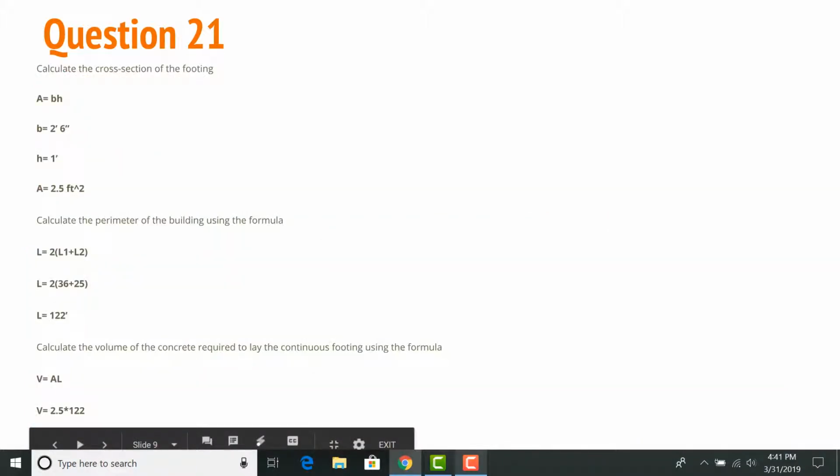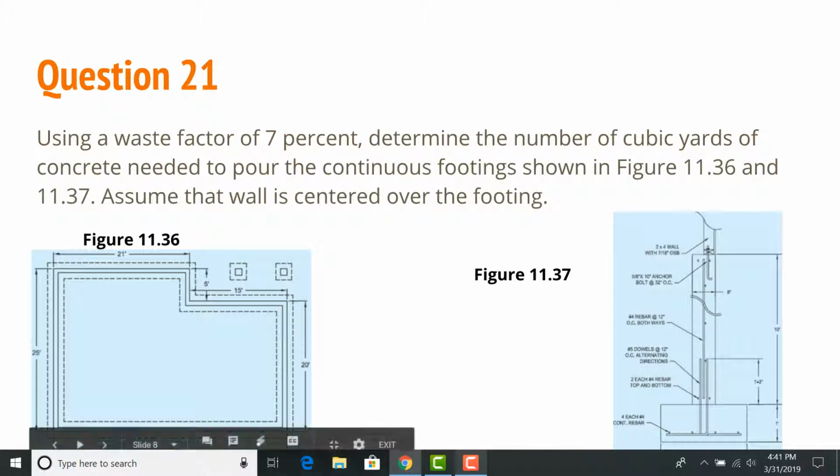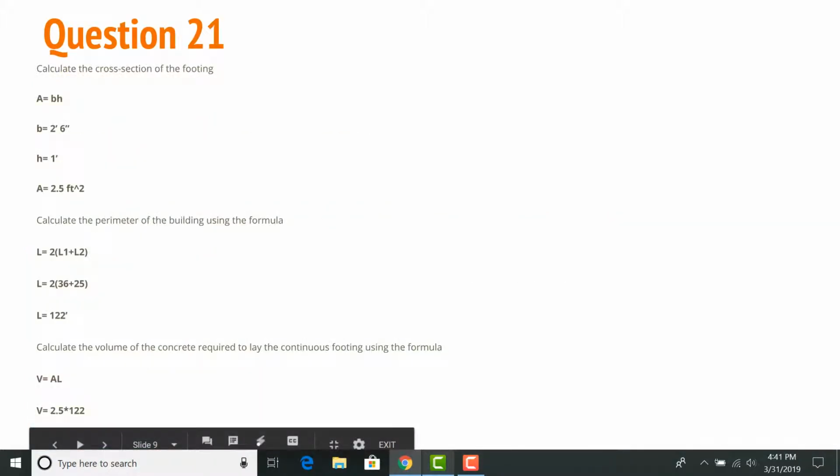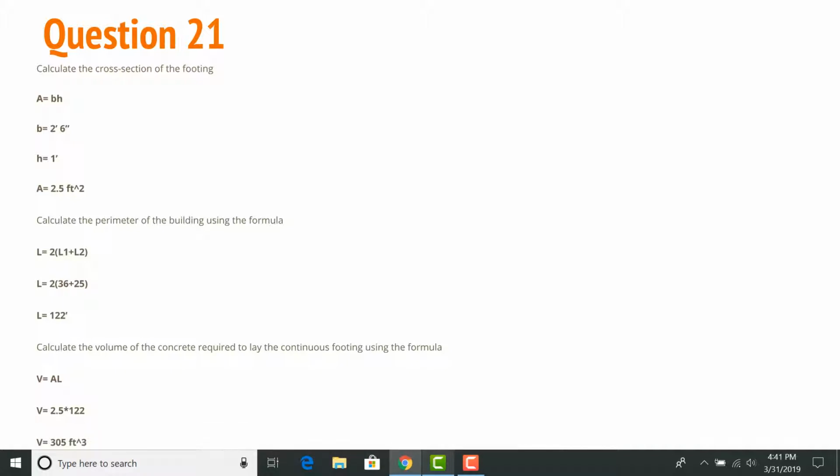You can see right here the 25 feet, and then on the bottom right here is the 36 feet. So you add those two and then multiply by 2 and you get your length.